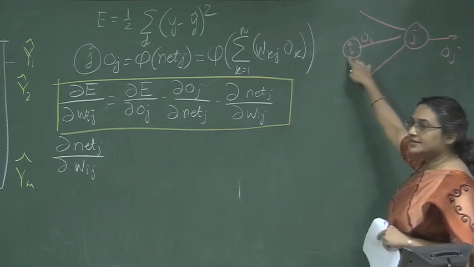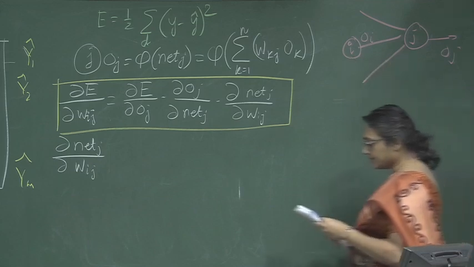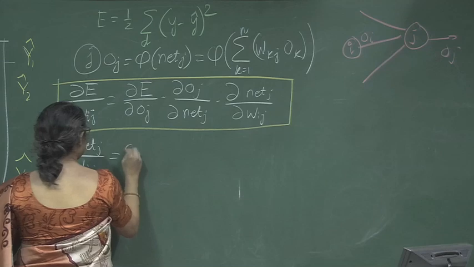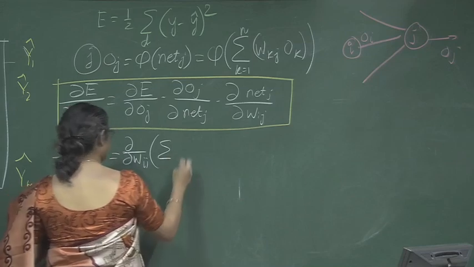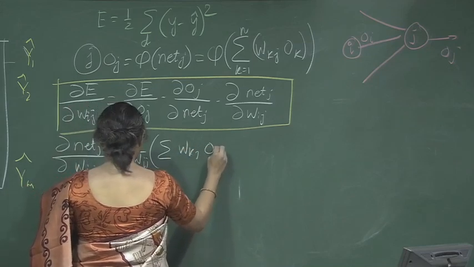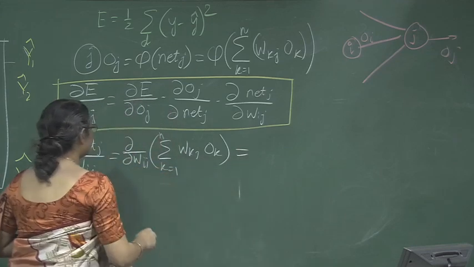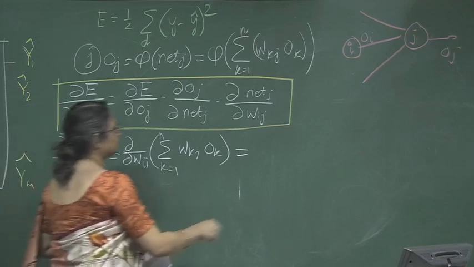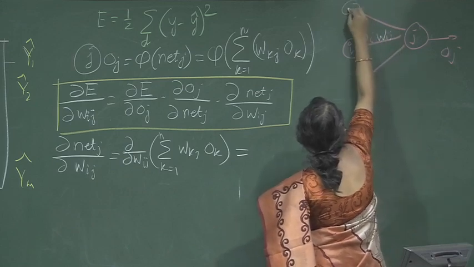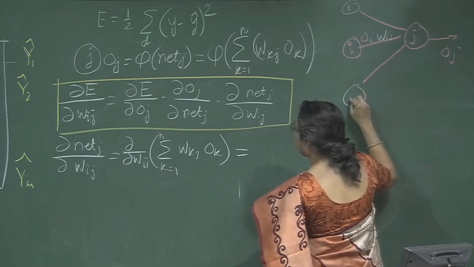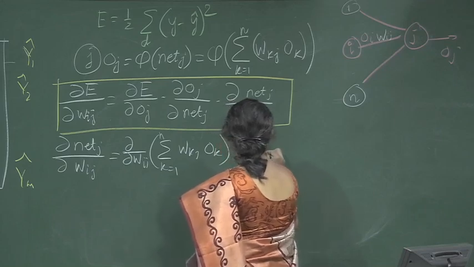Net j is the sum of oi wij, that is, the sum over k from 1 to n of ok wkj. So, the derivative is equal to oi, because only here we have wij, and the other links from 1 to n have nothing to do with i. So, del net j by del wij is simply oi.